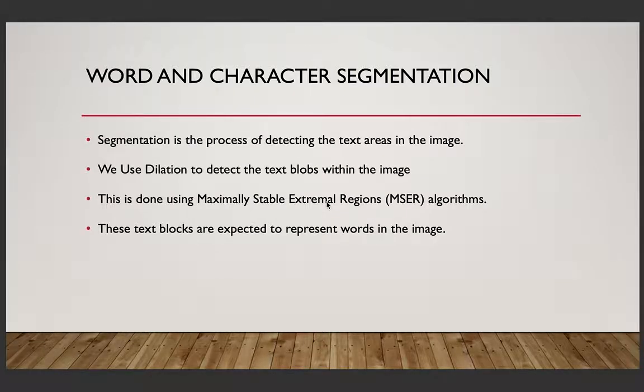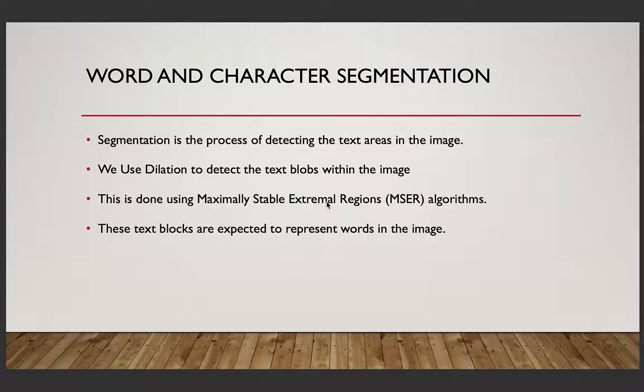Now we can move on to the segmentation phase, where we try to identify the actual textual regions in the image. In this process, we are trying to identify the text blobs which are present in it, and we use a technique called dilation, which is done via the MSER algorithm, where MSER stands for maximally stable extremal regions.